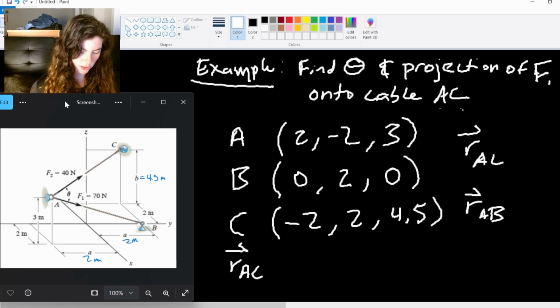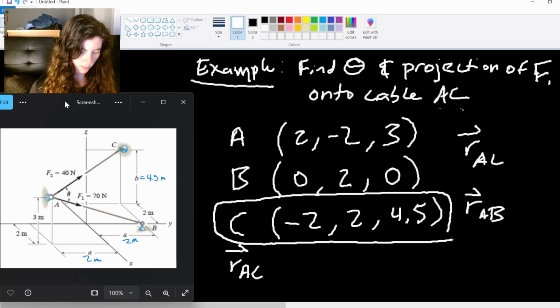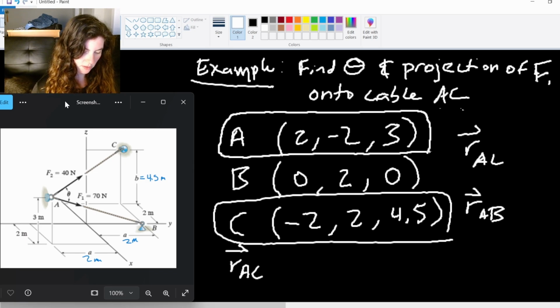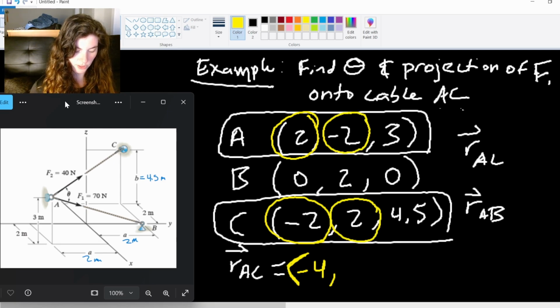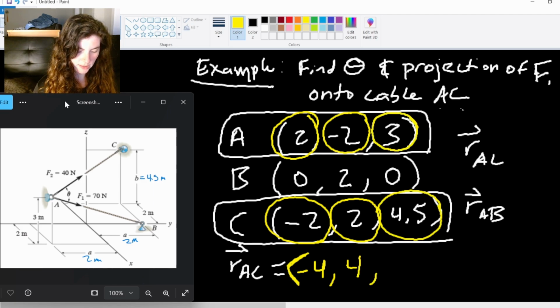It is this subtraction of our C minus our A. So RAC, if we do -2 minus 2, we get -4. The vector, I'm going to put it in brackets, -4. Our y component is 2 minus a -2, which gives a +4. And then 4.5 minus 3, 1.5. So this is RAC.